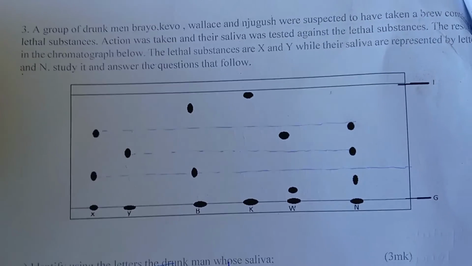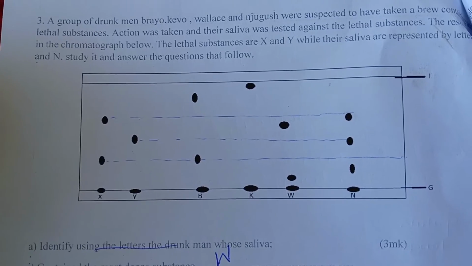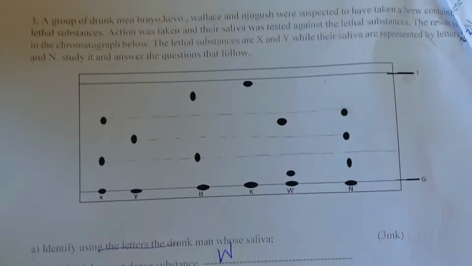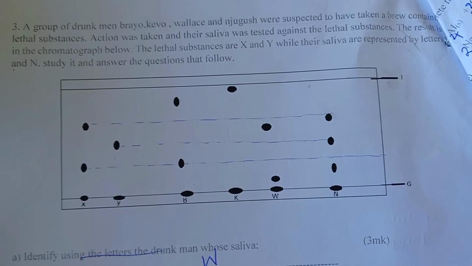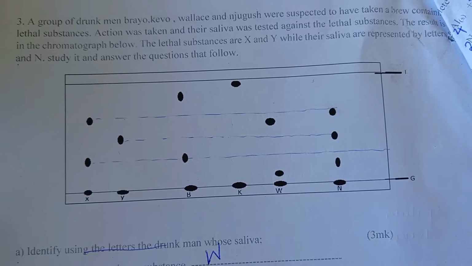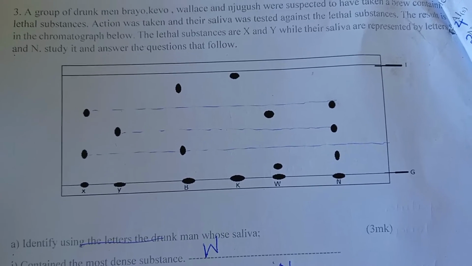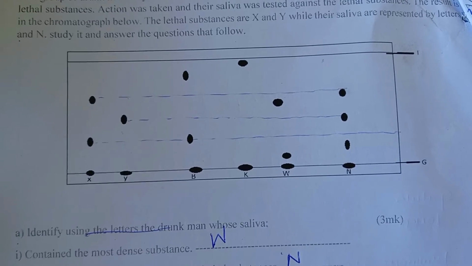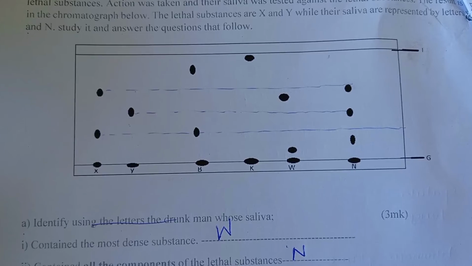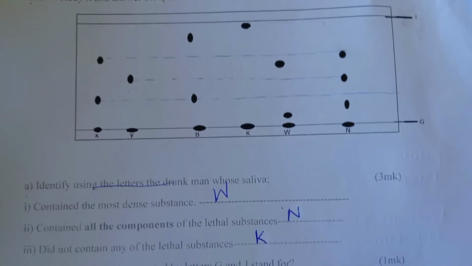So a group of drunk men, Brayo, Kevo, Wallace, Njugush, were supposed to take some brew from containers that contained lethal substances, and action was taken and their saliva was tested against lethal substances, and the results were as shown below. So the lethal substances here are X and Y, and their salivas are represented by letters B, K, W, and N. So identify the letters.